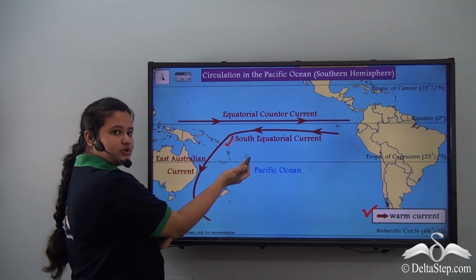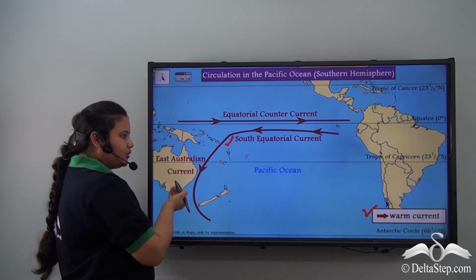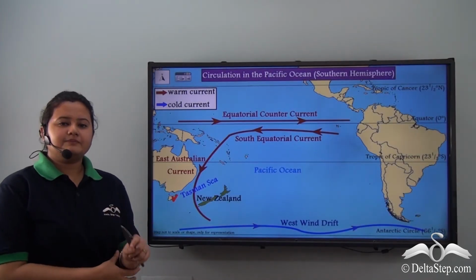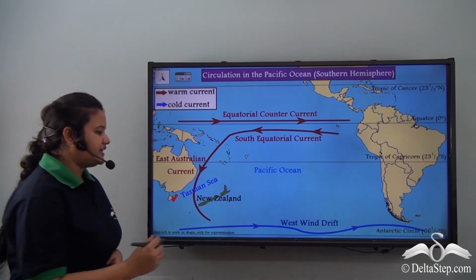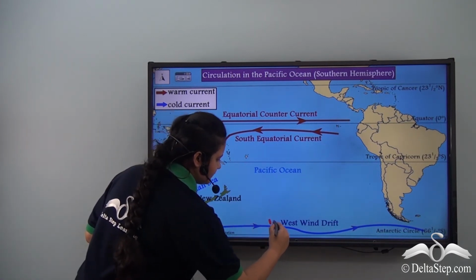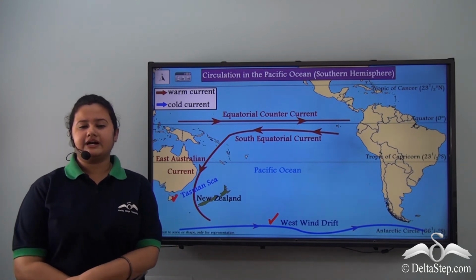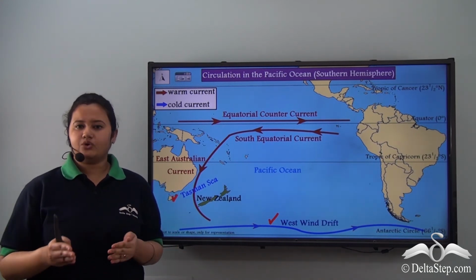So South Equatorial current gives birth to another warm current, which is the East Australian current. The East Australian current comes under the influence of west wind drift. Now west wind drift is a cold current in the Southern Ocean.